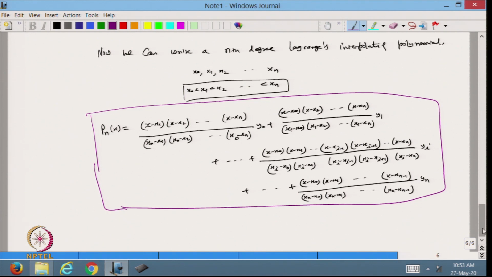where I can define my expression L of nth degree polynomial for any kth coefficient.